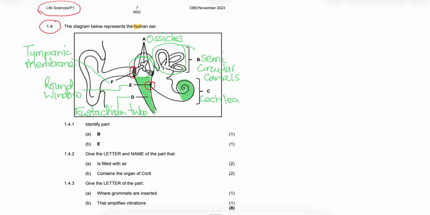And for you to be in a position to answer the questions, you must read. Make sure you read and you understand the questions, so you understand the requirements of the questions. And these requirements are the instructions that the examiner is giving you. They will also show you what the examiner is expecting from you.